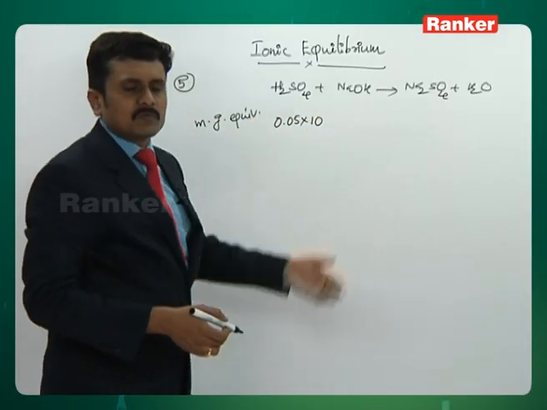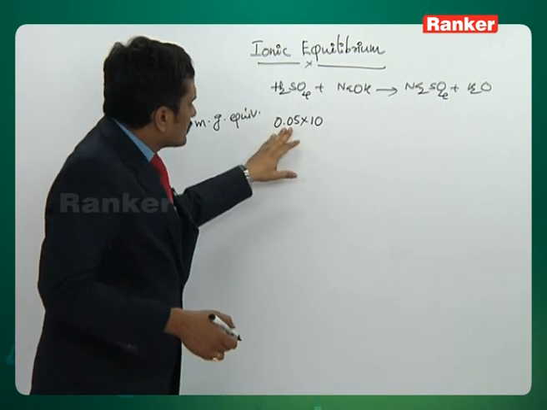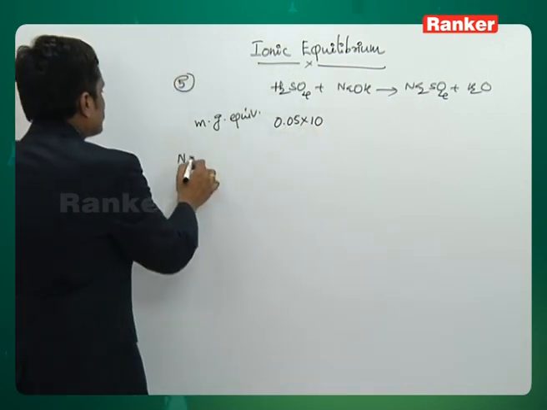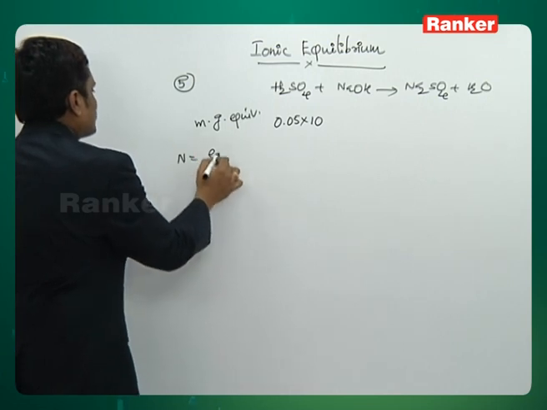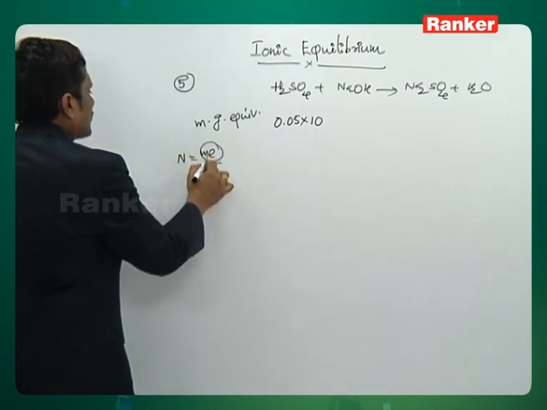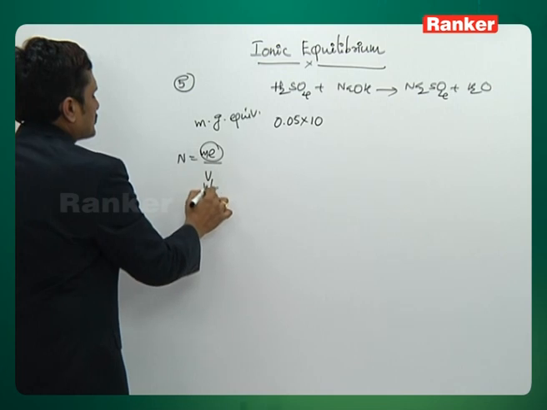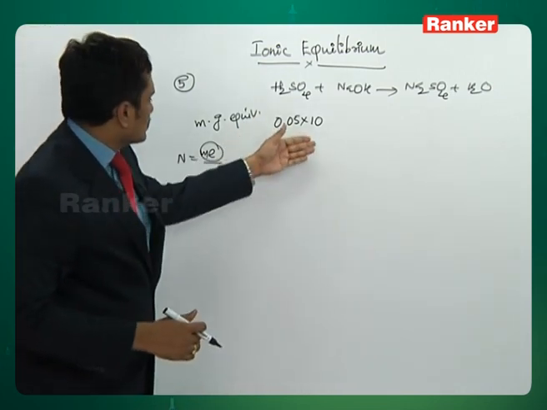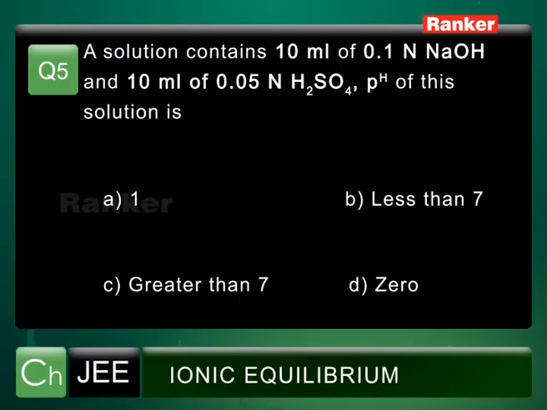Normality equals number of equivalents divided by volume in liters. So when I am willing to find the milli equivalents, I should substitute the volume in milliliters. So I am multiplying this normality with the volume so that I can get the milli equivalent. The normality is given as 0.05 and the volume is 10 ml.